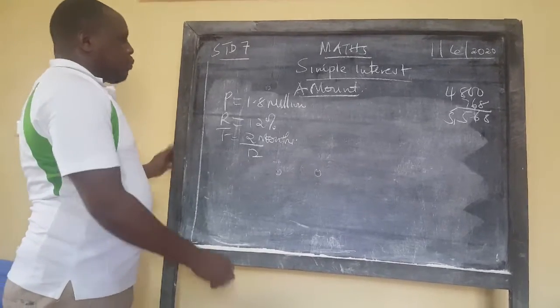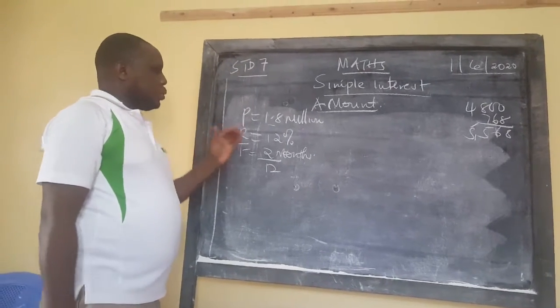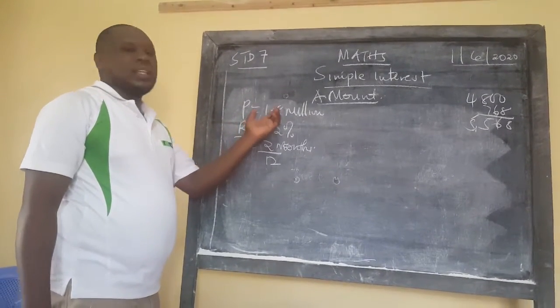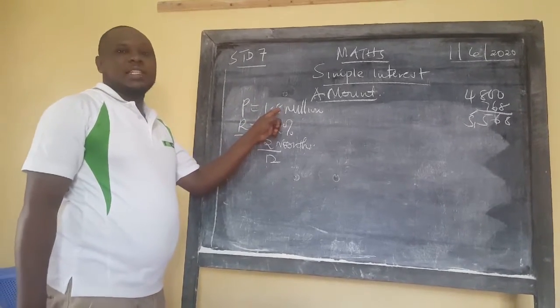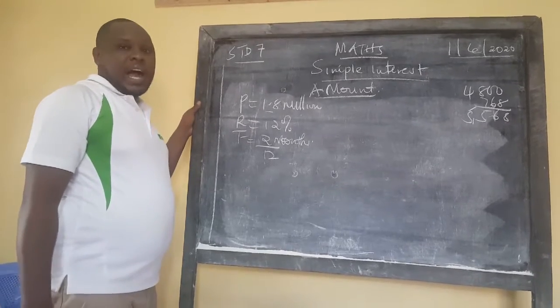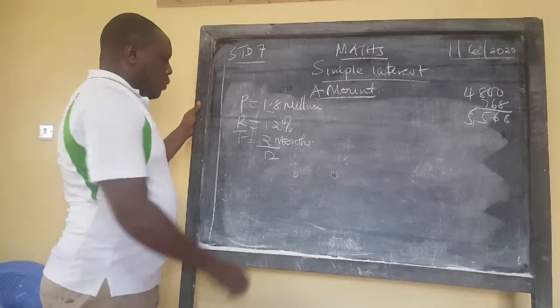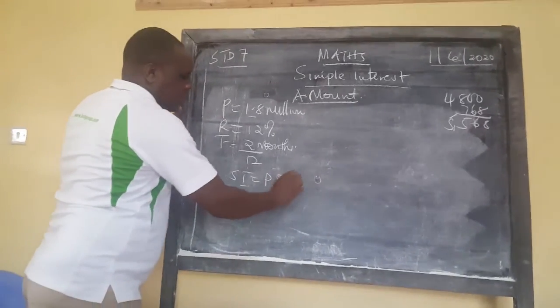So now, there's no way you can calculate this without changing it into hundreds of thousands and millions. So we need to change this 0.8 into 100,000. So this simply means 1,800,000 shillings. So our simple interest will be equal to PTR over 100.